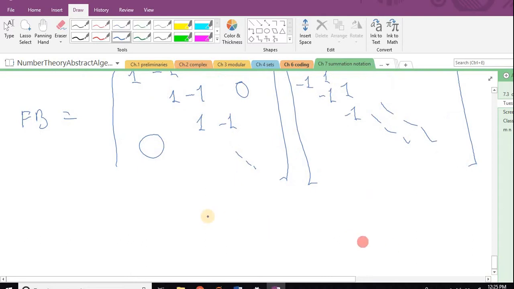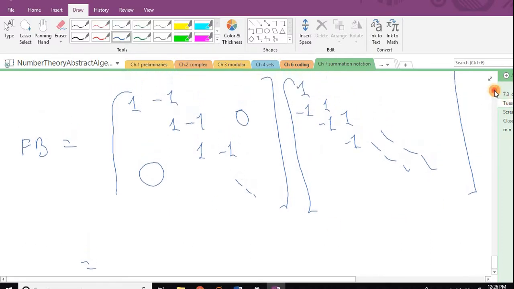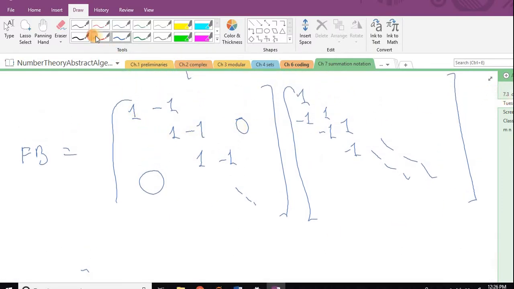Using matrix multiplication, what happens when I multiply the first row here times the first column there? I'm going to take the first row here times the first column here. What is that going to give me?